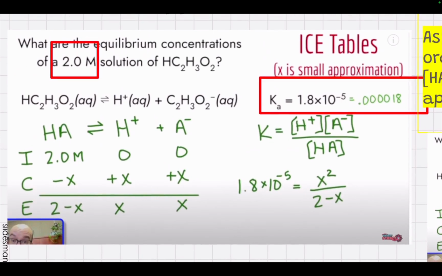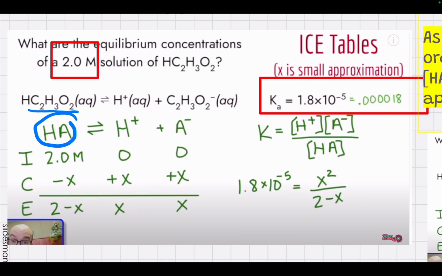So here's an example of someone else's ICE table, and you can see that they're starting out with 2 molar HA, which in this case is acetic acid. And initially there's no hydrogen or acetate ions.